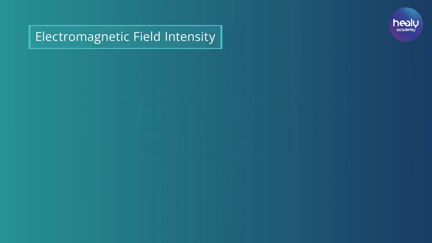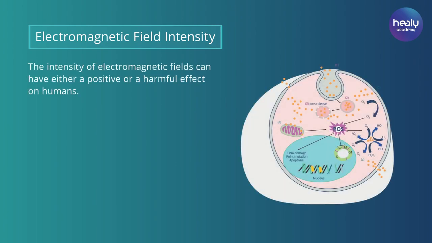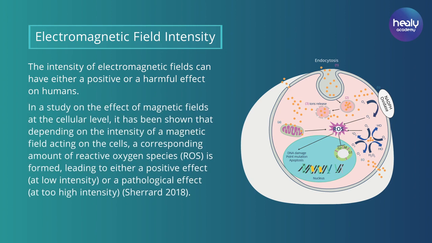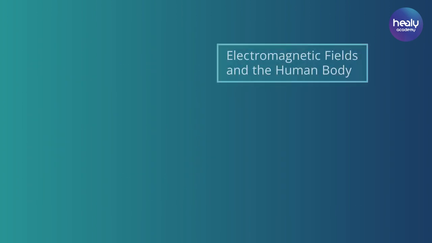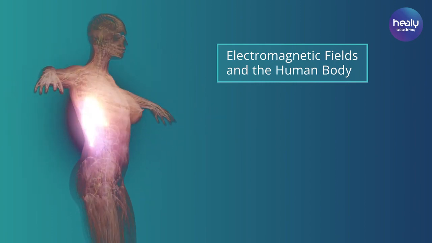Electromagnetic field intensity. Electrolytes, proteins, and many other important components of our body carry charges and are therefore not just generators of electromagnetic fields, but also interact with them. Thus, depending on their nature and strength, they have both positive and negative effects on our well-being and cellular health. Electromagnetic fields and the human body.